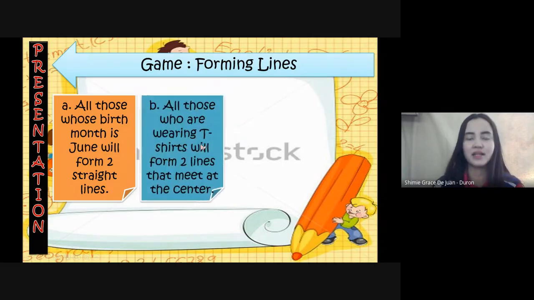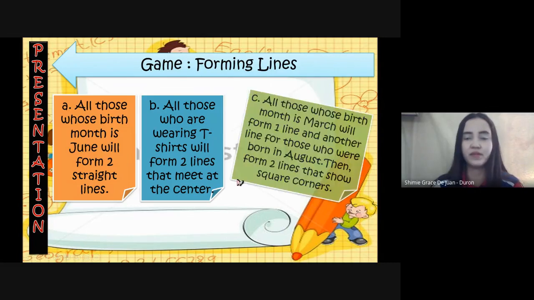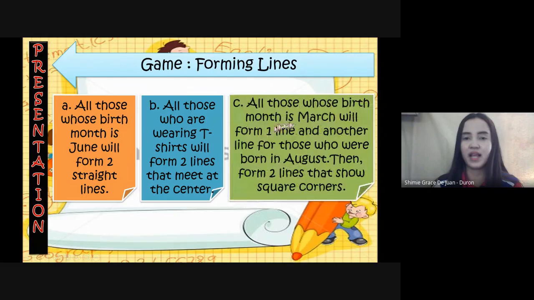Next, for letter B, all those who are wearing t-shirts will form two lines that meet at the center. For the last, all those whose birth month is March will form one line and another line for those who were born in August. Then form two lines that show square corners.